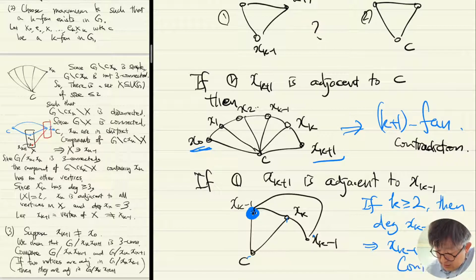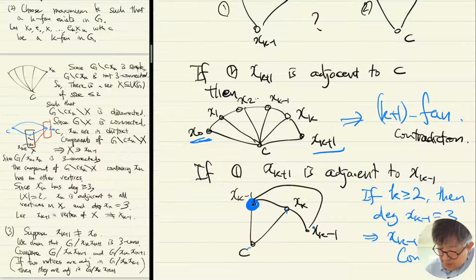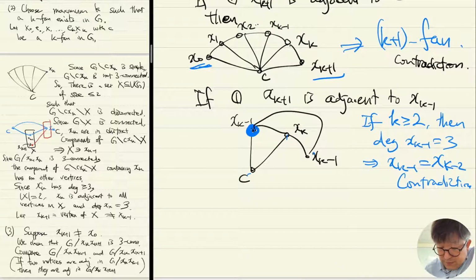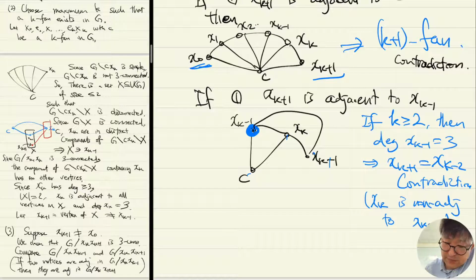Contradiction. Why? Because xk is not adjacent to xk minus 2. So if k is at least 2, then this is a contradiction.